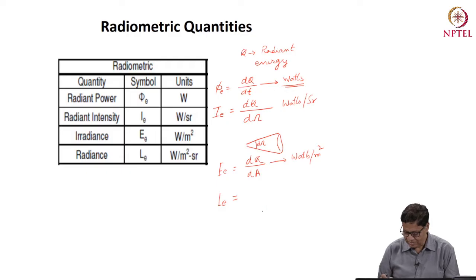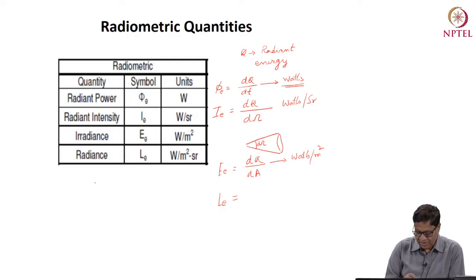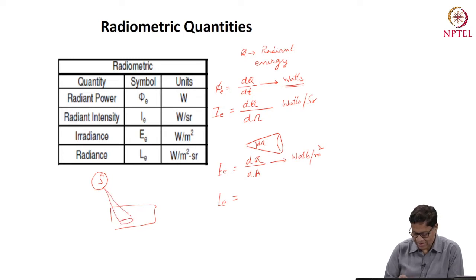This is defined, suppose you have a source here, and this is your surface, and some light is falling onto some area here, and this is your detector, could be an eye, for example, or it could be a photodiode or some sensing material.